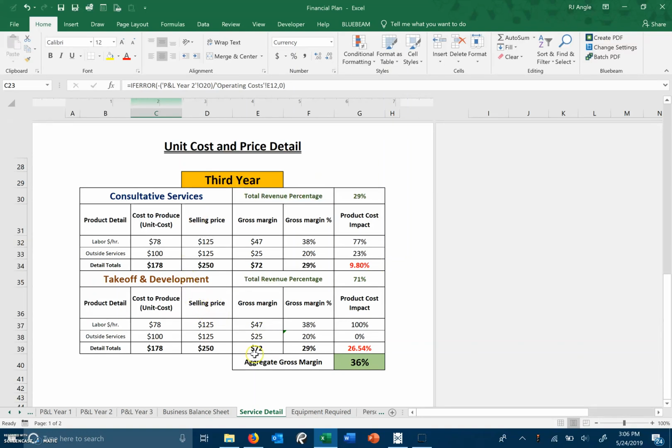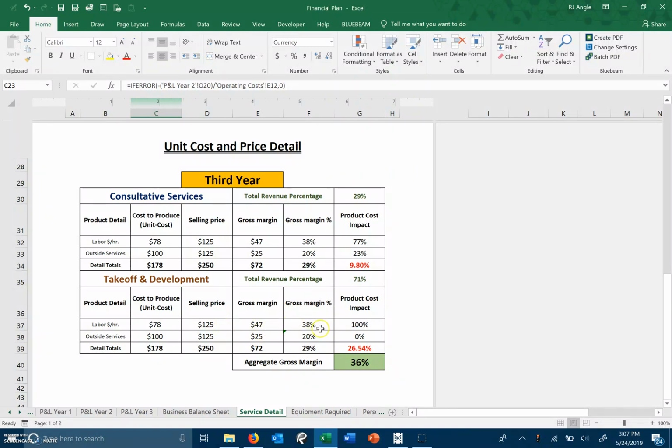So takeoff and development, I have still maintained the ability to entirely provide this service in-house. That's 100% of that being generated internally. I have no outside service costs equating into the unit cost of providing that service. I still have the $78 per man hour cost to produce, at a resale rate of $125.